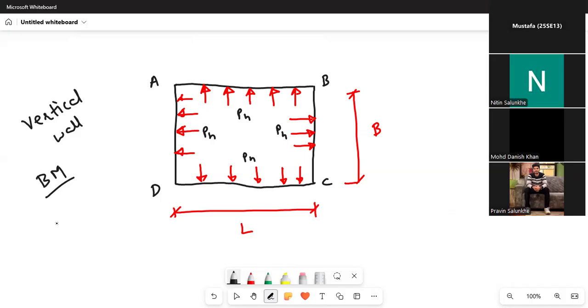So the vertical wall has to be designed for the bending moment, and it also has to be designed for the direct tension.